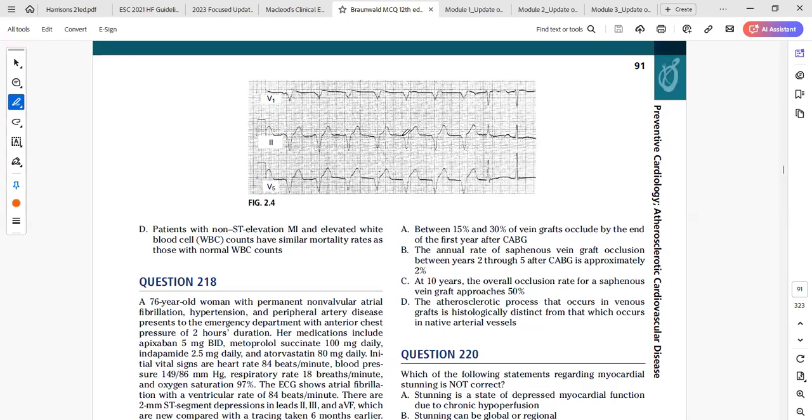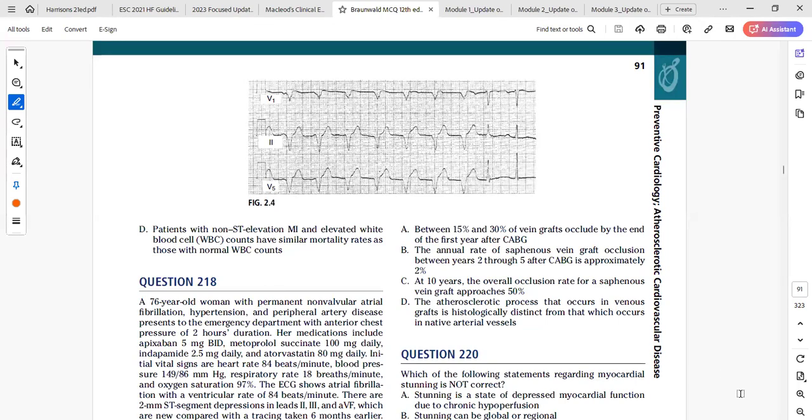Yeah. Okay, her medications include apixaban 5 milligrams BD, metoprolol succinate 100 milligrams daily, indapamide 2.5 milligrams daily, and atorvastatin 80 milligrams daily. Initial vital signs are heart rate of 84 beats per minute, blood pressure of 149/86 millimeters of mercury, respiratory rate of 18 breaths per minute, and oxygen saturation of 97%.